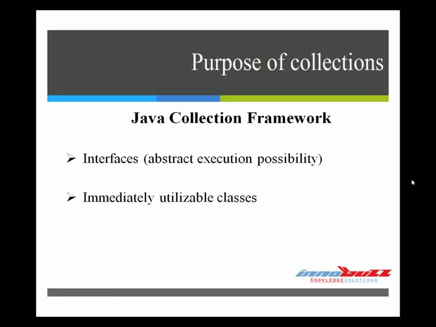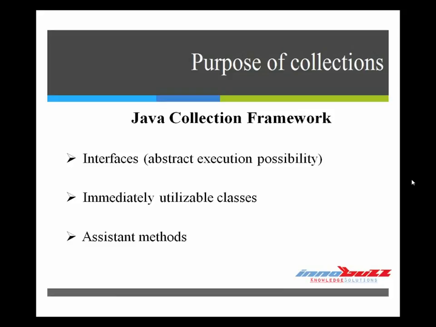There are also some immediately utilizable classes. These are the implementations of these interfaces that we can use, the concrete implementations. These are the reusable and utilizable data structures that we are going to see, and there are some classes that are very frequently used.